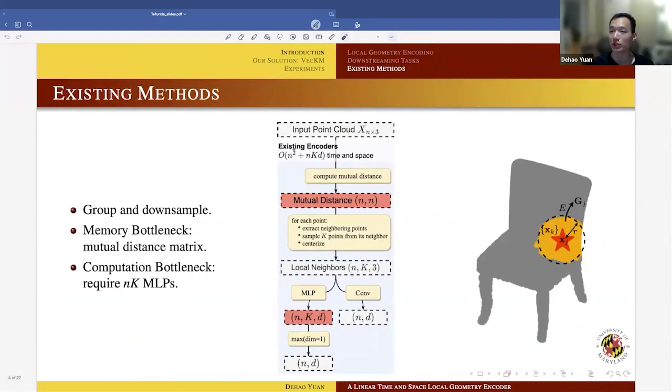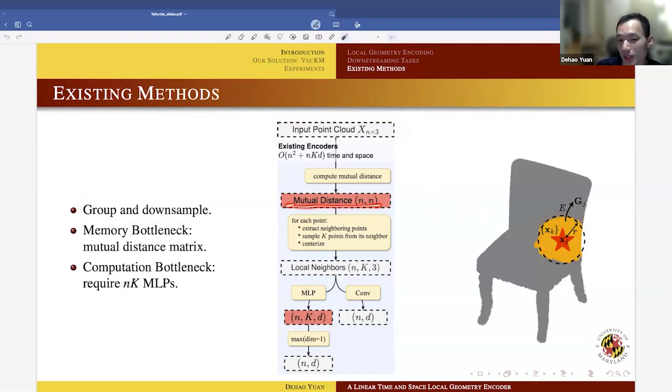Before going to our method, I want to show you how existing methods deal with this problem and what their problems are. They usually follow a grouping and downsampling pipeline. Let's say you have the input point cloud, which is n by 3. First of all, in order to compute the local neighborhood, you need to compute a mutual distance matrix.